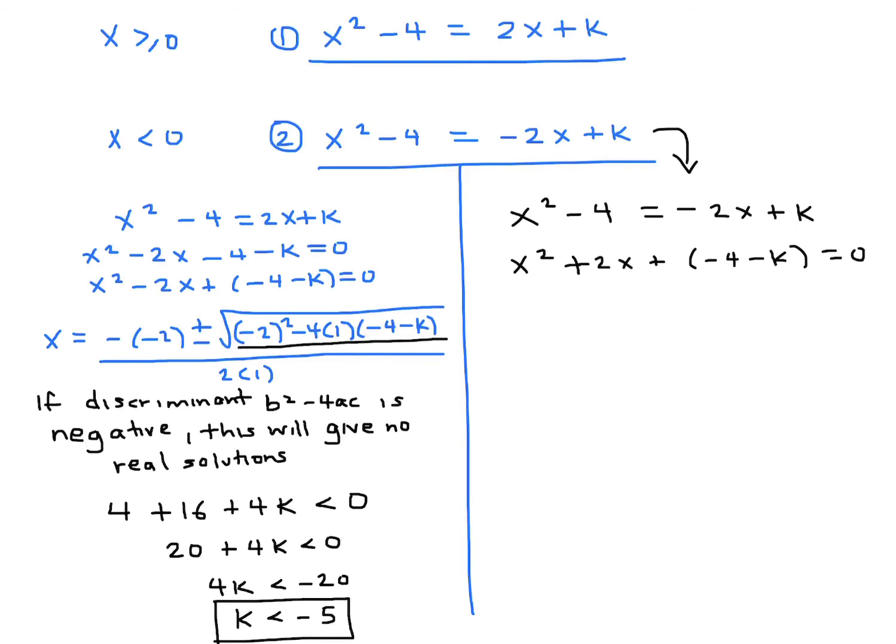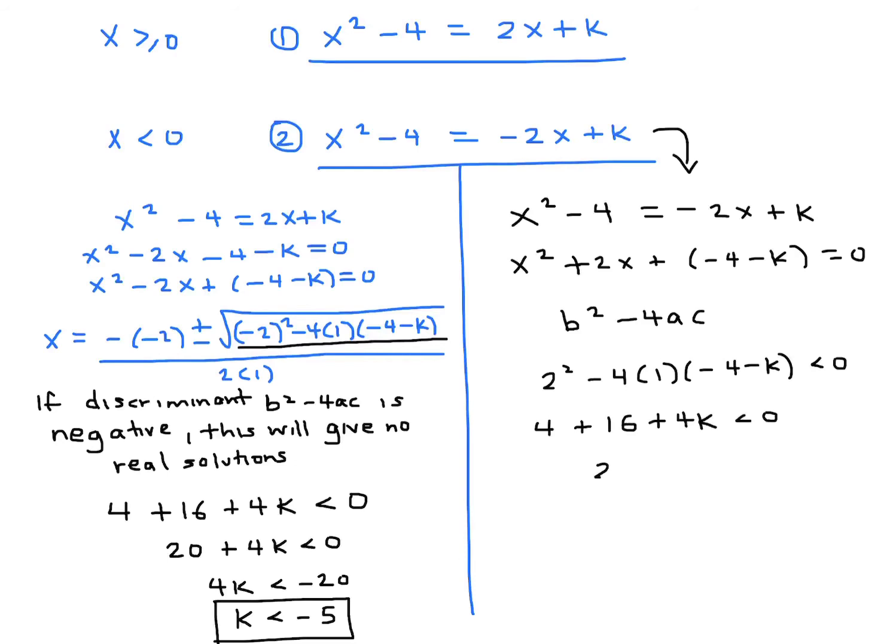All right, so now same story, right? We will have to get the discriminant less than 0. So what is the discriminant? It's b squared minus 4ac. So in this case, it would be 2 squared minus 4 times 1 times minus 4 minus k is less than 0. And therefore, this is 4 plus 16 plus 4k.